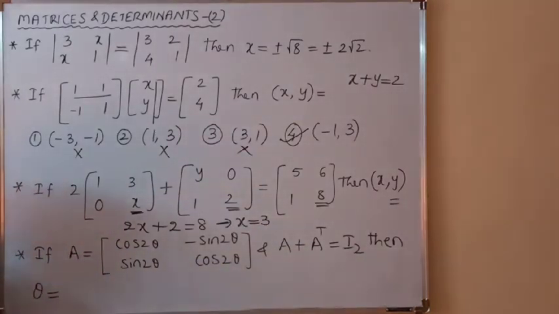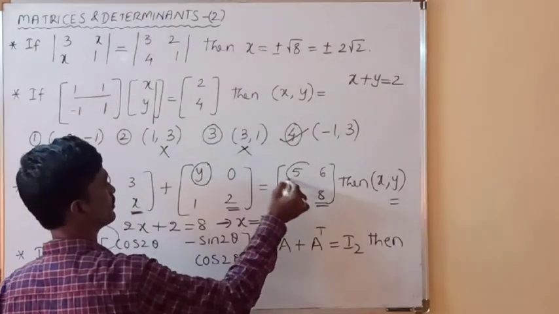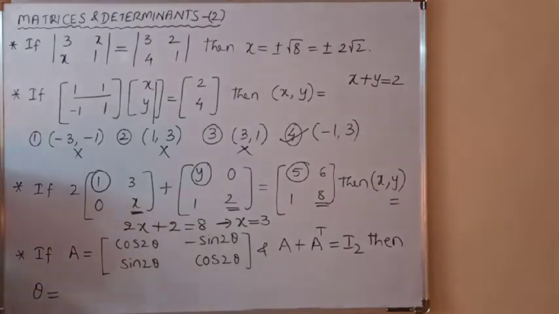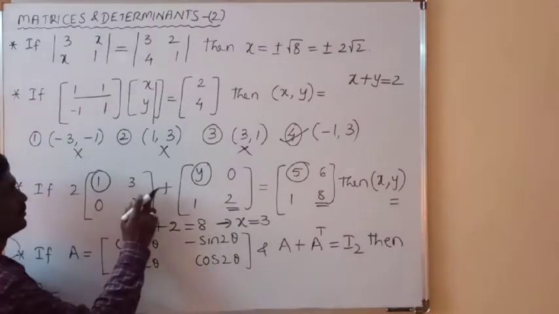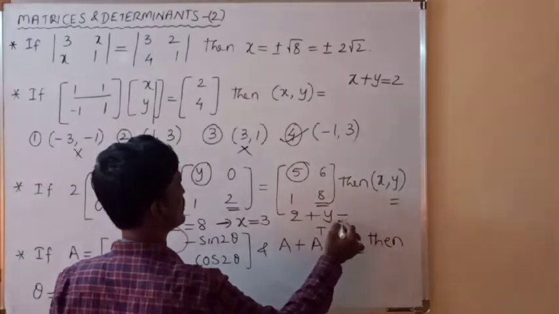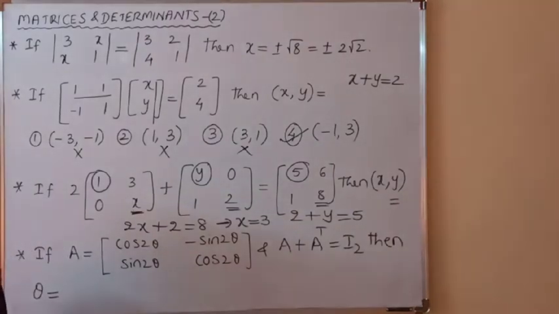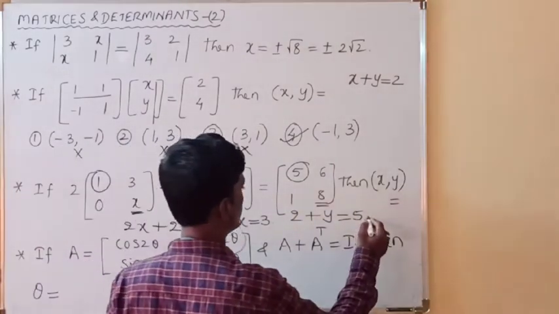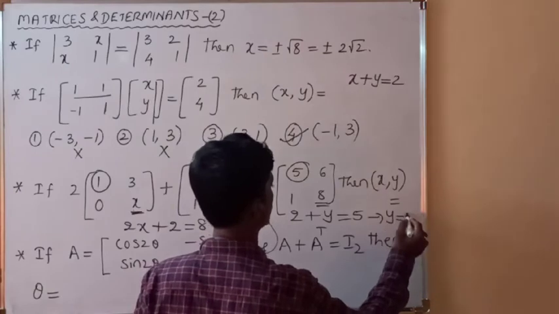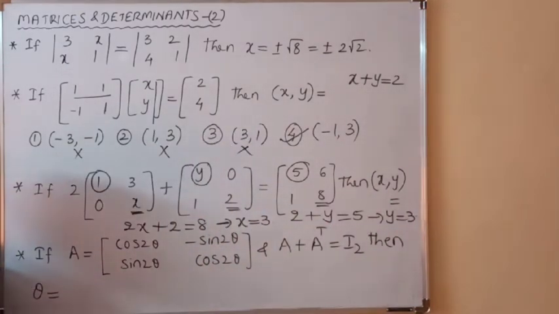Next, where we have y, in this position. Only concentrate on those positions. 2 into 1 is 2, plus y, so 2 plus y is equal to 5. That means y value is 3. So x value is 3 and y value is also 3. Over. Just hardly how much time has it taken?